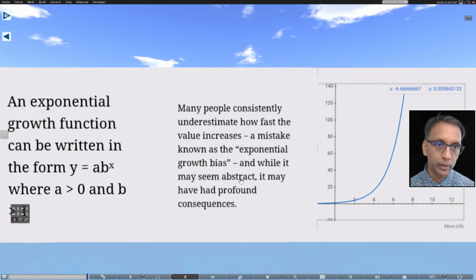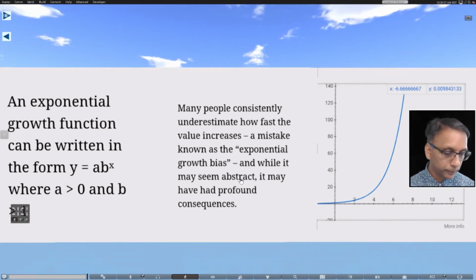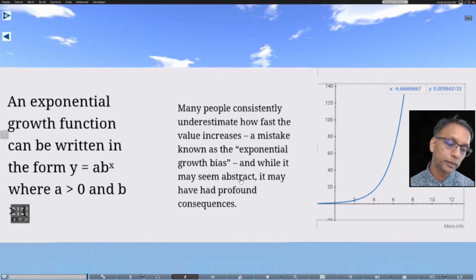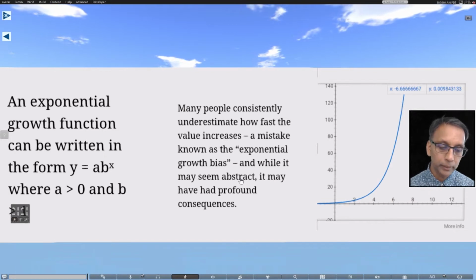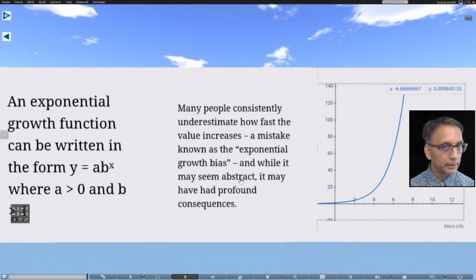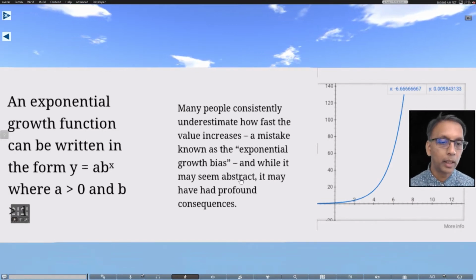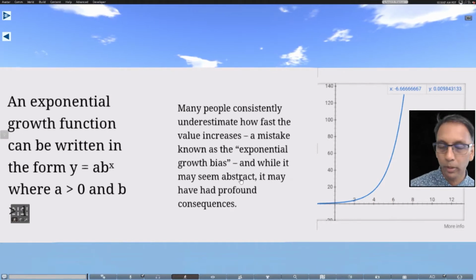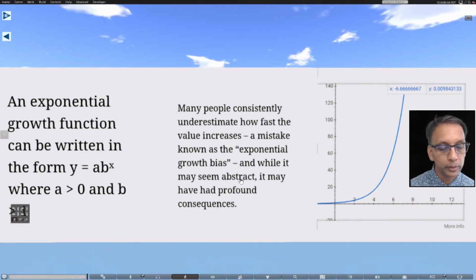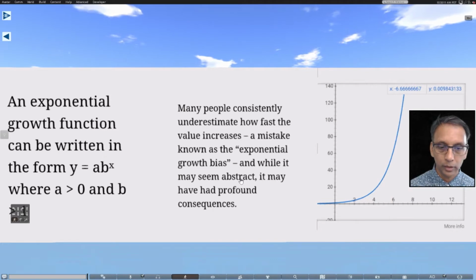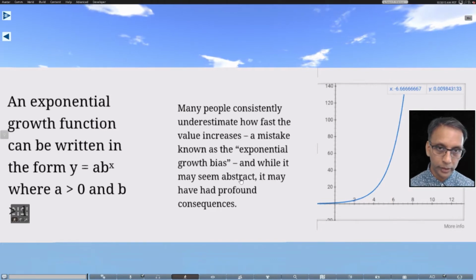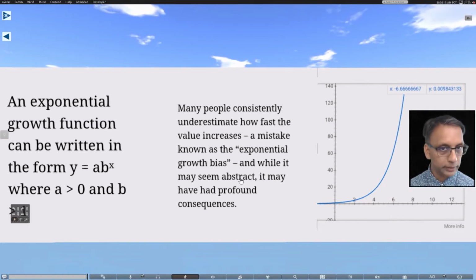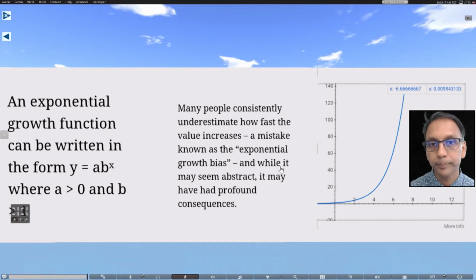For example, we are living in the middle of a pandemic, the coronavirus pandemic. And you can see that initially, most people found it difficult to acknowledge how fast this virus could spread.